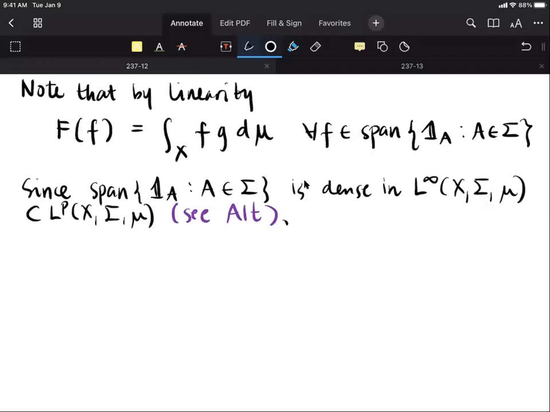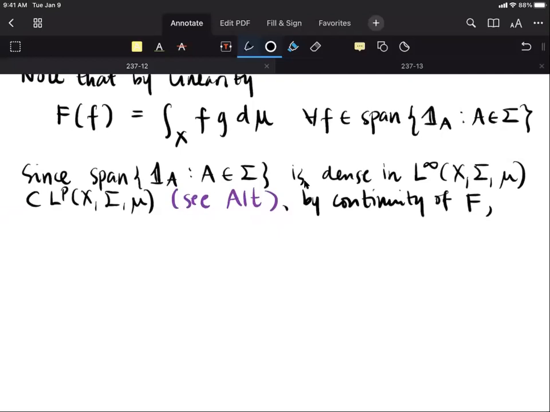Since we have this density, by continuity of f in LP, since L infinity is also a subset of LP, then we can extend the above equation also to all f in L infinity.